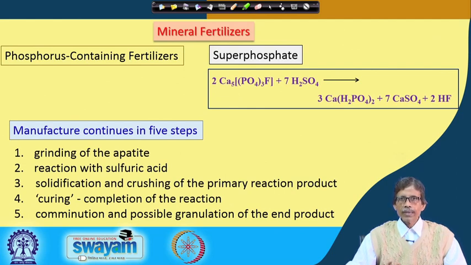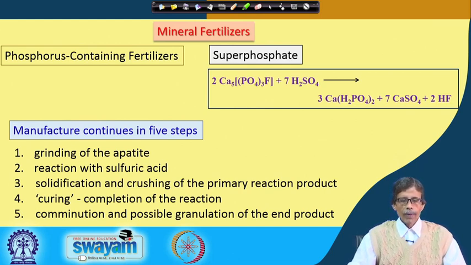These apatites will not be able to react molecule by molecule with the added sulfuric acid. So, you must increase the area of reactivity, that means you should make it a powder. So, grinding will give you the powder, and that powder is reacted with the sulfuric acid.